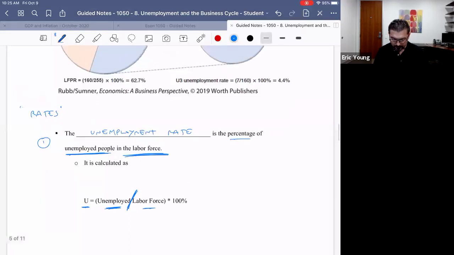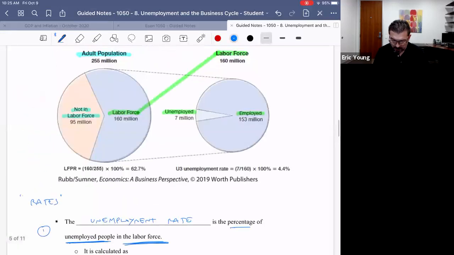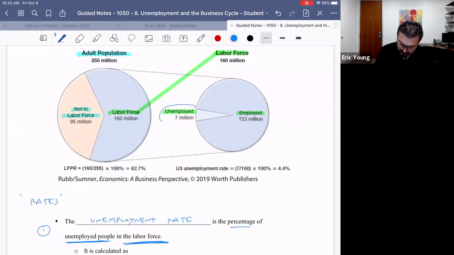You go back up here, you can see, for example, that there are 7 million unemployed. There are 153 million employed, and therefore the labor force has 160 million.